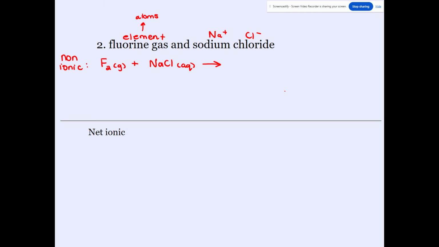In a single replacement reaction, whatever your element is, a nonmetal, will switch with the nonmetal in the compound. So my fluorine and my chlorine will switch. My chlorine will become elemental chlorine, which is Cl2 gas, and my sodium will bond with my fluoride. I'm forming fluoride ions now that I'm making an ionic compound, which have a -1 charge, so they balance with my sodium with just 1.